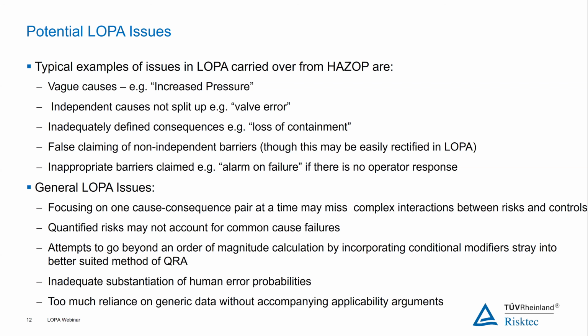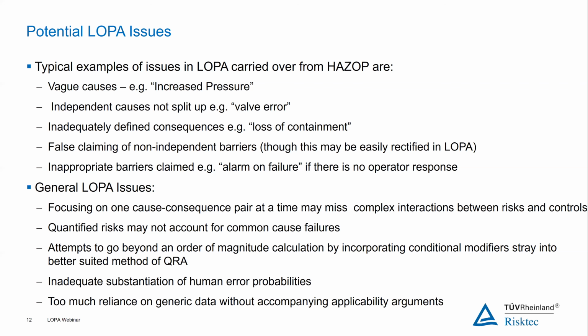Independent causes not being split up is another very common one. If the cause is a valve error in a HAZOP scenario, that makes sense. It may not be the best captured or the most detailed, but it still makes sense. However, from a LOPA perspective, to define what that valve error is, we need to know specifically what the initiating cause is.